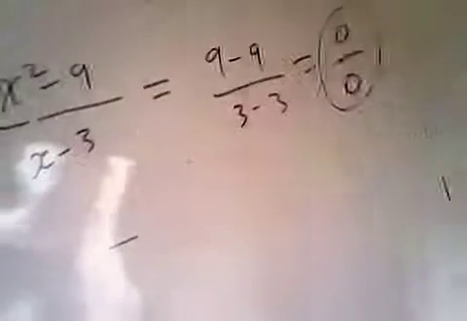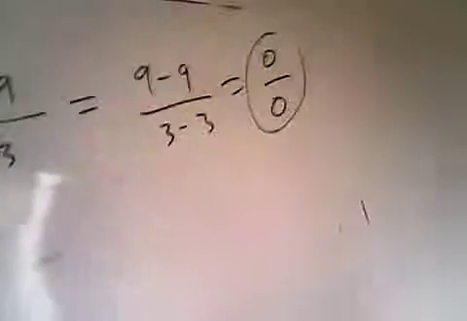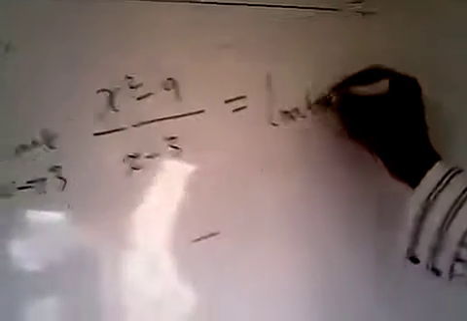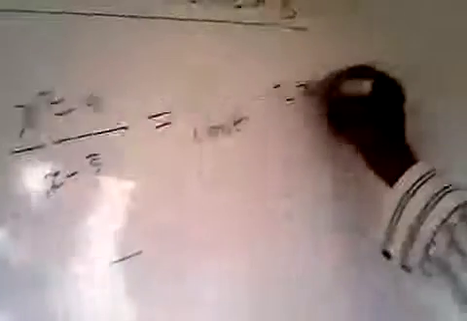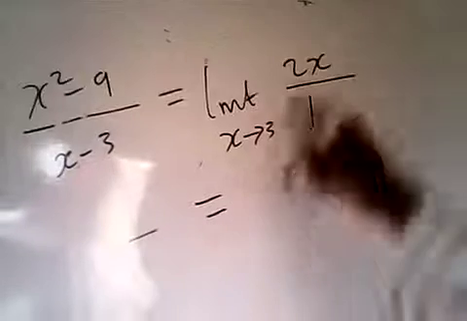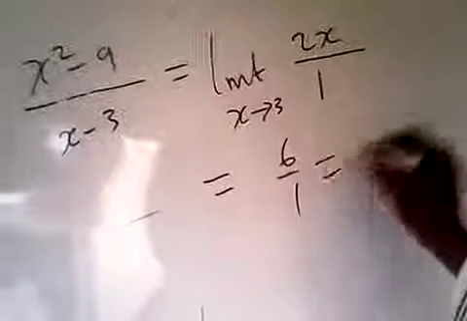This is indeterminate. So we have to use L'Hopital's rule to tackle this problem. When we differentiate, we have 2x minus 0 all over 1, as x tends to 3. Then we have 2 times 3, that is 6 over 1. Our answer is 6.